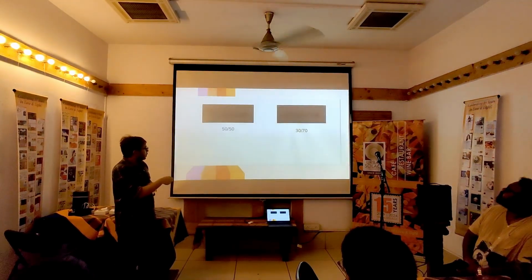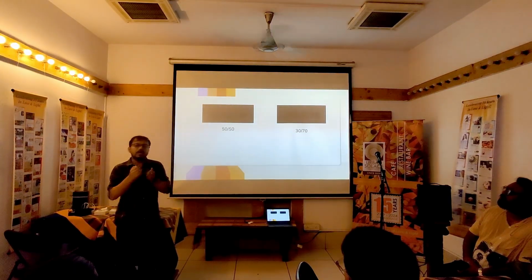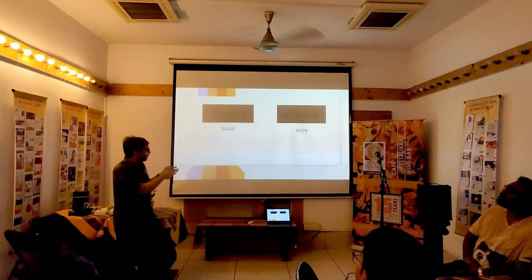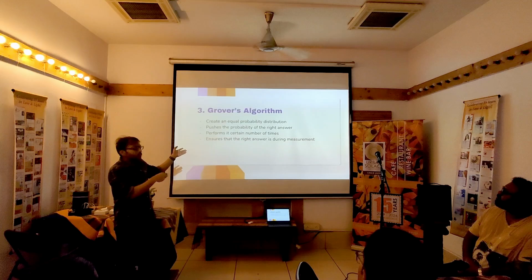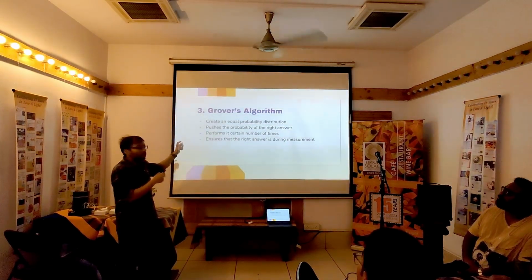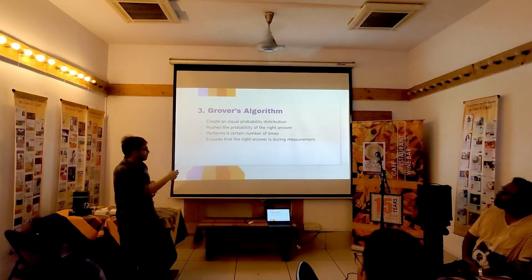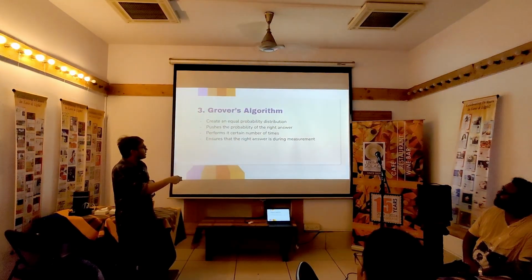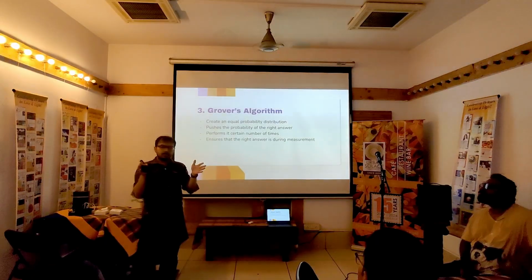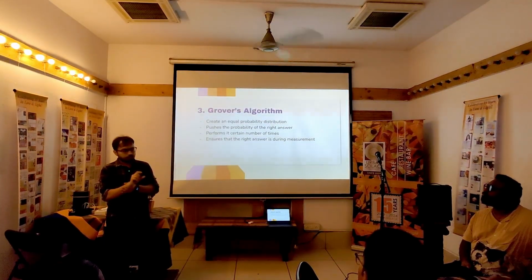So now we'll take an example of a search algorithm in classical computers and in quantum computers. We won't go deep into the exact working. I'll give you a sort of overview. So you have, say, 1,000 items, and you want to search for a particular item in a classical computer.